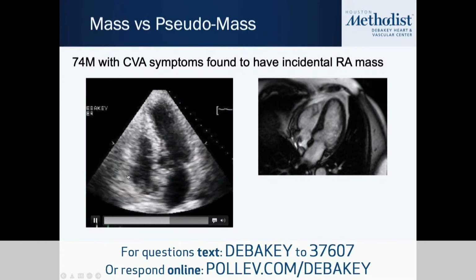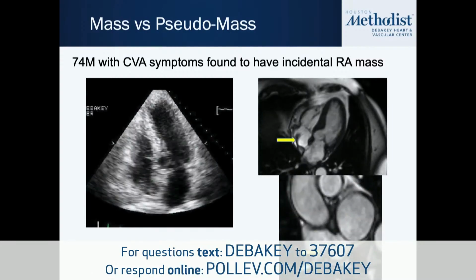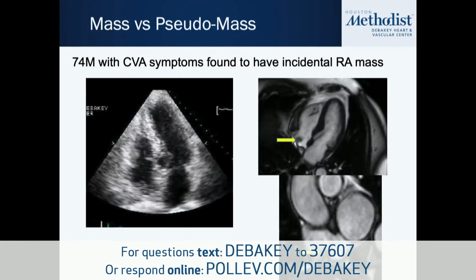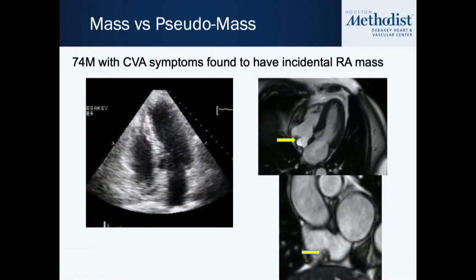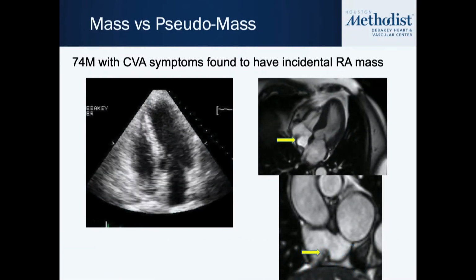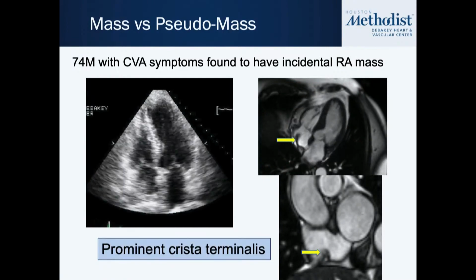Obviously you can't really tell what it is. This is very unusual; we do a lot of echoes and don't see this every day. But with the powerful imaging of MRI, the wide field of view, the tissue characterization, and the ability to relate it to other structures, you can clearly tell that this is a prominent crista terminalis.